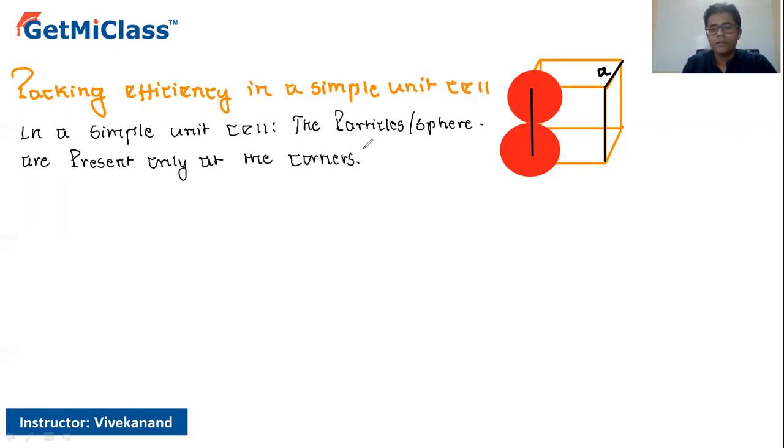Here the total number of particles at the corners is 8. So the corner particles, or spheres, are 8.